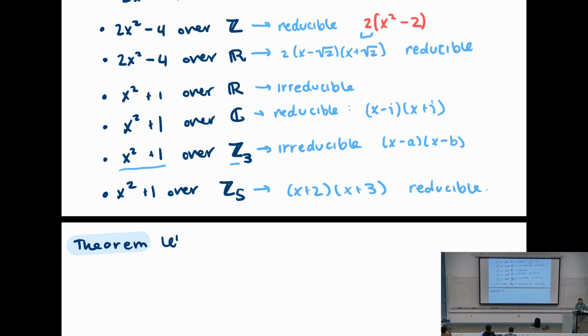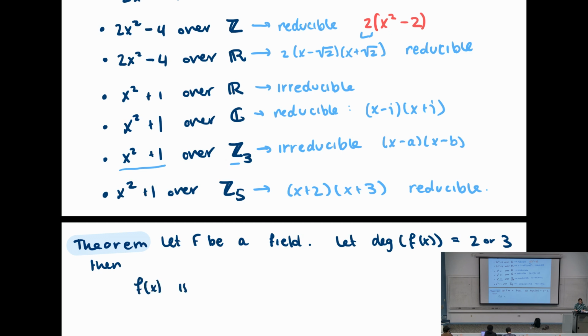So let F be a field, and we'll let the degree of our polynomial f be 2 or 3. Then f of x is reducible if and only if f of x has a 0 in F.